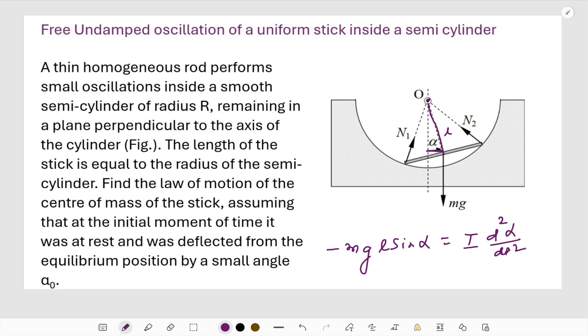And we can also find other information, like what is this length L? Since this is R, and of course these are also the radius of the semi-cylinder, it makes an equilateral triangle.